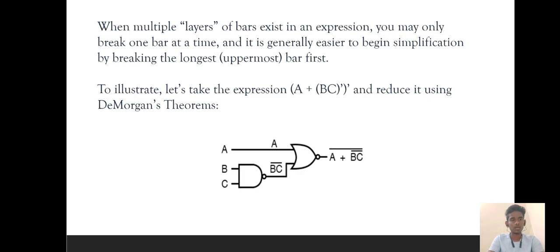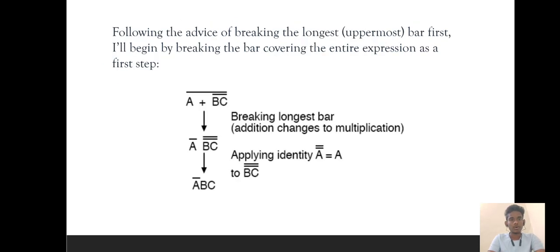Here A is connected to a NOR gate and B and C are connected to a NAND gate. Here we get A plus B into C whole bar, whole bar. Following the advice of breaking the longest uppermost bar first, I will begin by breaking the bar covering the entire expression as a first step.